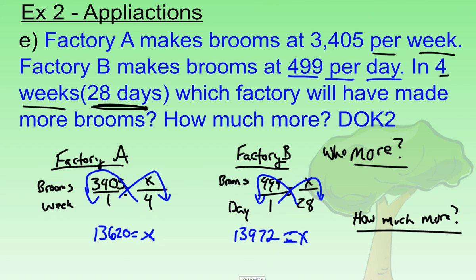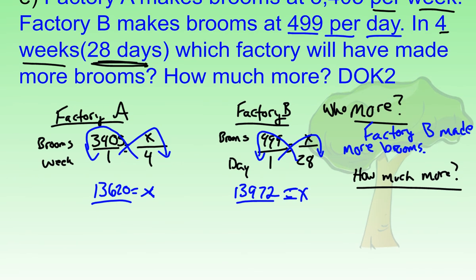So, which factory made more brooms in that amount of time? Who made more? Well, Factory B. So Factory B made more brooms because that number is bigger than that number. That one's pretty easy. Now, how much more?